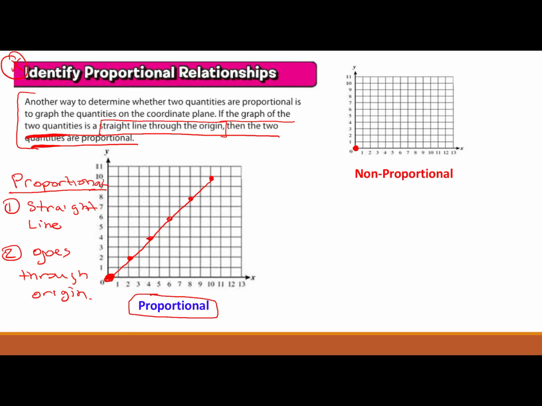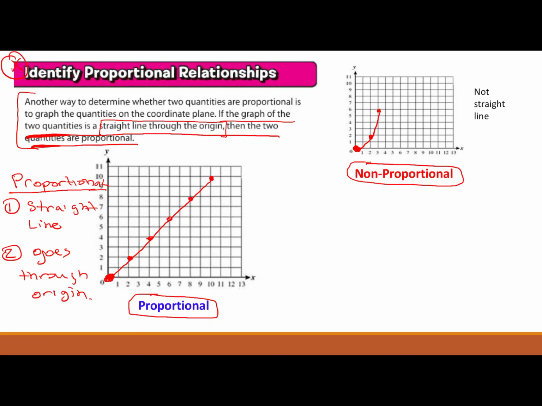So let's try that. If I start at the origin, but my line isn't straight, notice here when I connect these dots, although it goes to the origin, it is not straight. This would be considered a non-proportional relationship because, like we said, it is not a straight line.